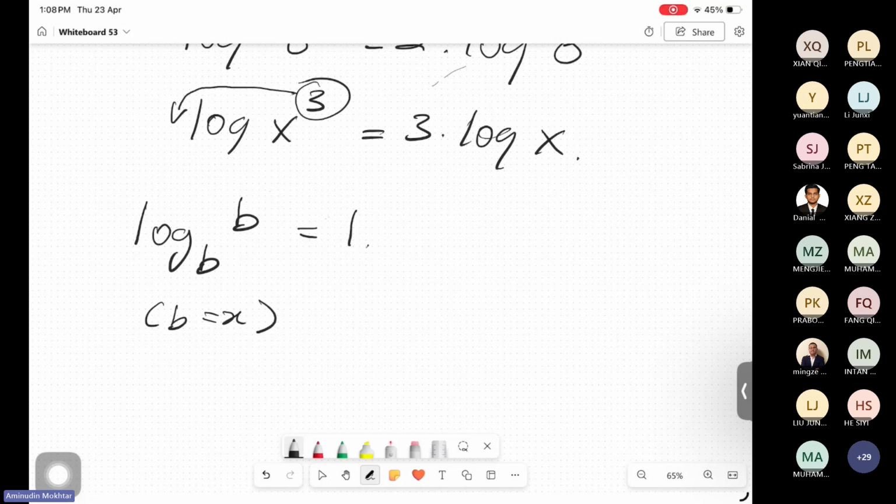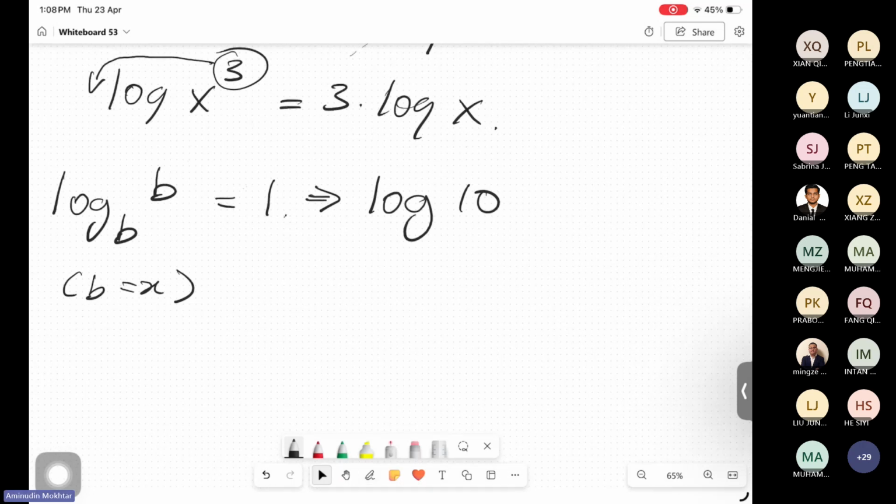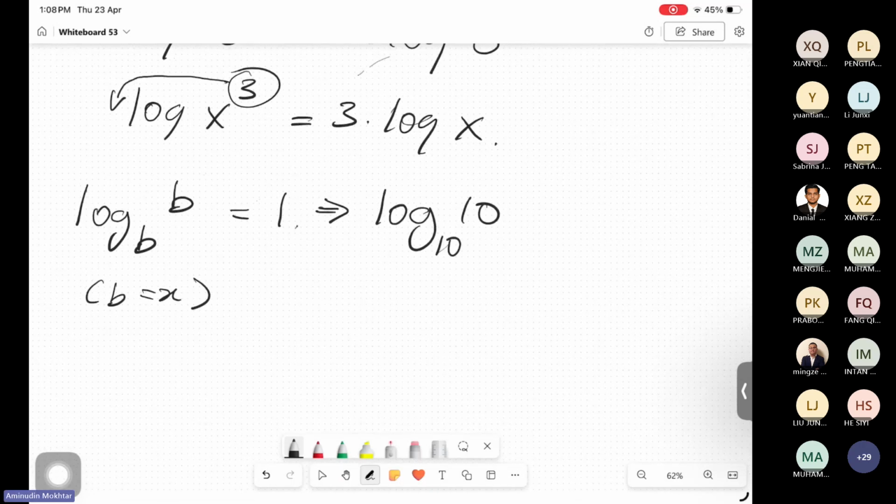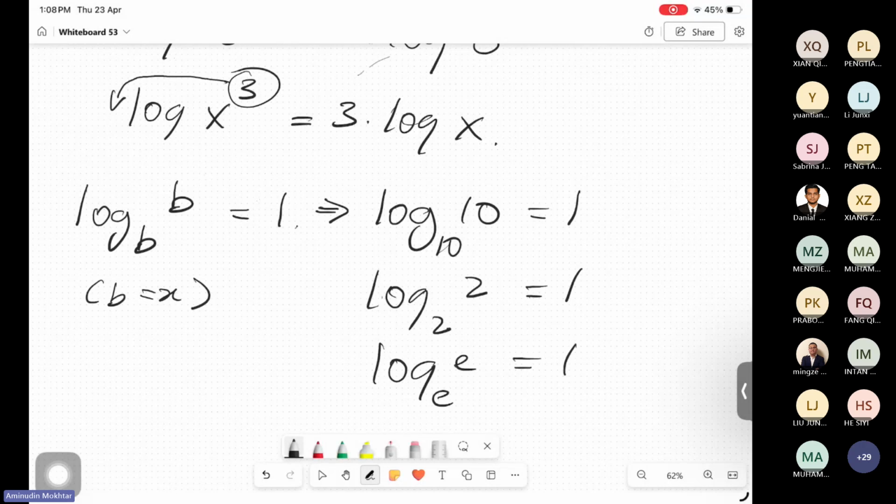For example, log 10 is a log with base 10 of 10. The answer is 1. Log 2 of 2 is also equal to 1. Log e of e is also equal to 1.